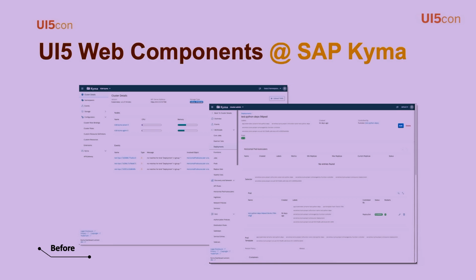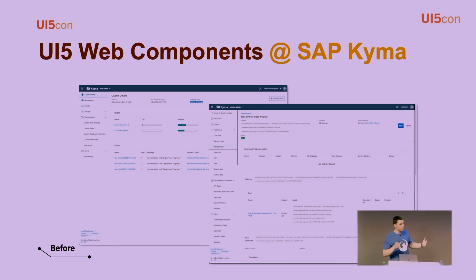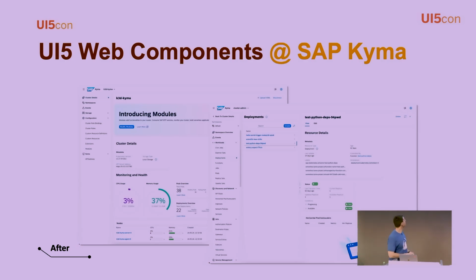It provides really complex UIs for managing resources on BTP, Kubernetes clusters, that kind of complex stuff that I don't have a clue about. But more important, similar to Signavio, they had to transition to Horizon and align, and they've done it with web components and web components for React.